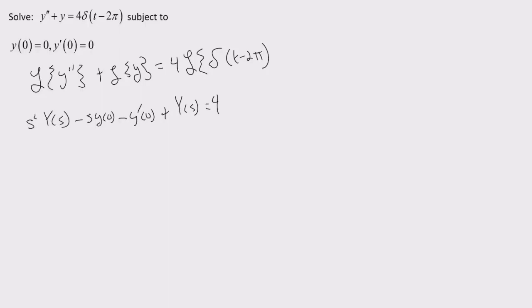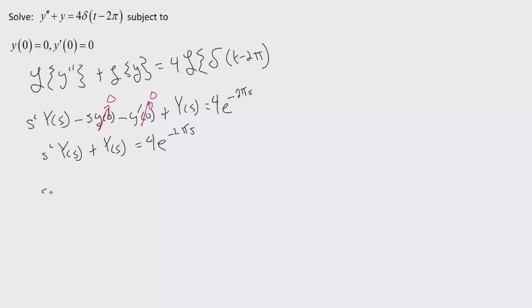So 4e to the negative 2 pi s. Sorry, s is an exponent. Okay, so what's changed about this one is this time that part is 0 and that part is 0. So that just means we have s squared y of s plus y of s equal to 4e to the negative 2 pi s.